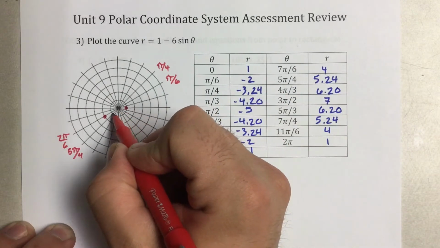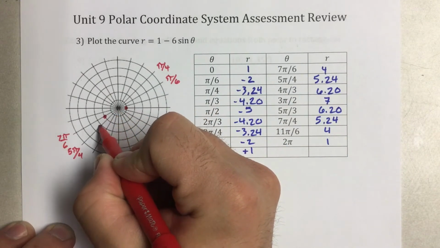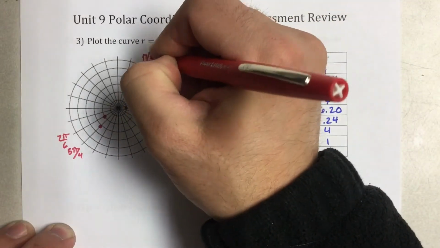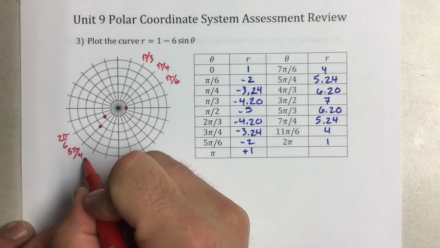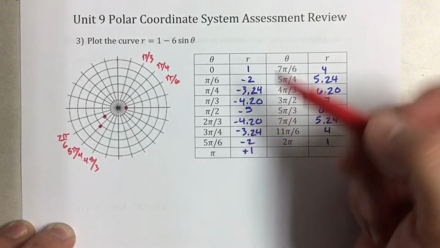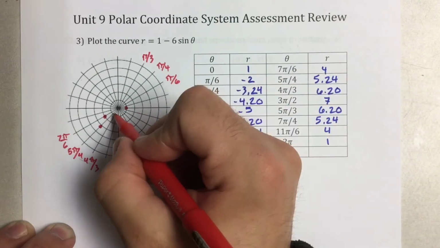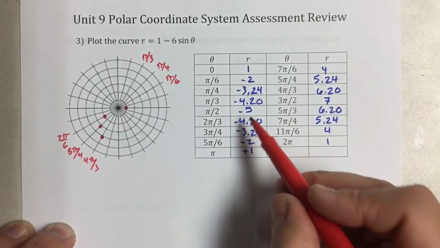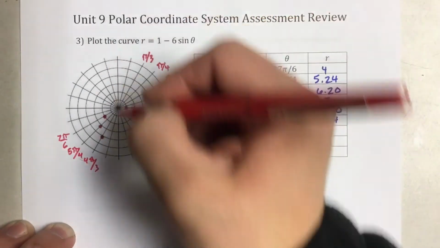So 1, 2, 3, and roughly a quarter. Okay, at pi over 3, let's say that'll be 4 pi over 3. I'm doing this because we have a negative radius. Negative 4.2. Okay, and then at pi over 2, we have 5.